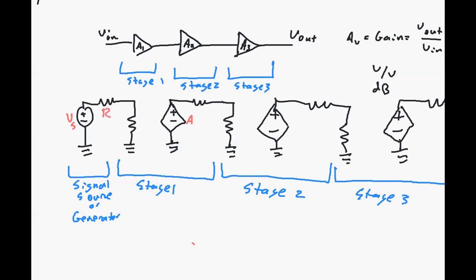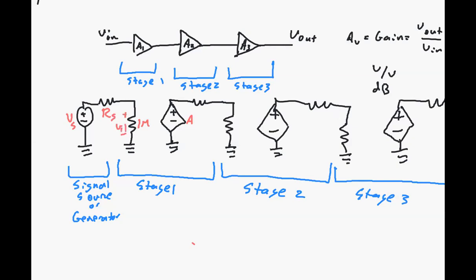So we have a source resistance RS, and we might have a resistor here. We might call it 1 meg. It's actually the input resistor of stage 1. And we could have a voltage here, we call it VI1.